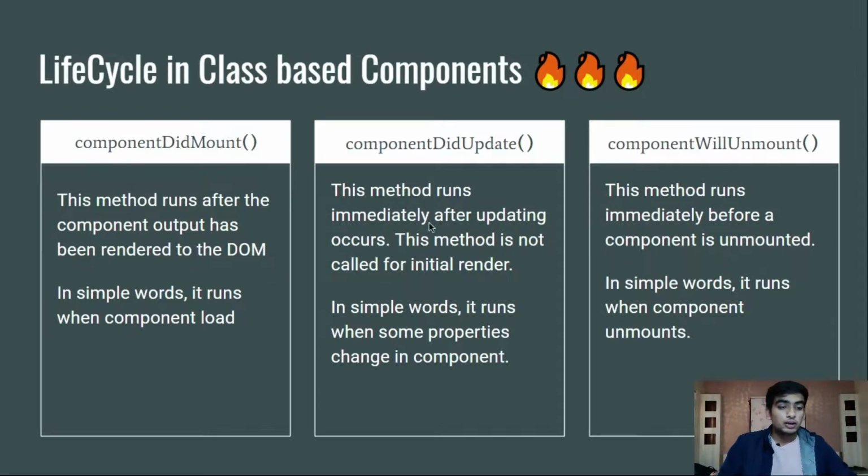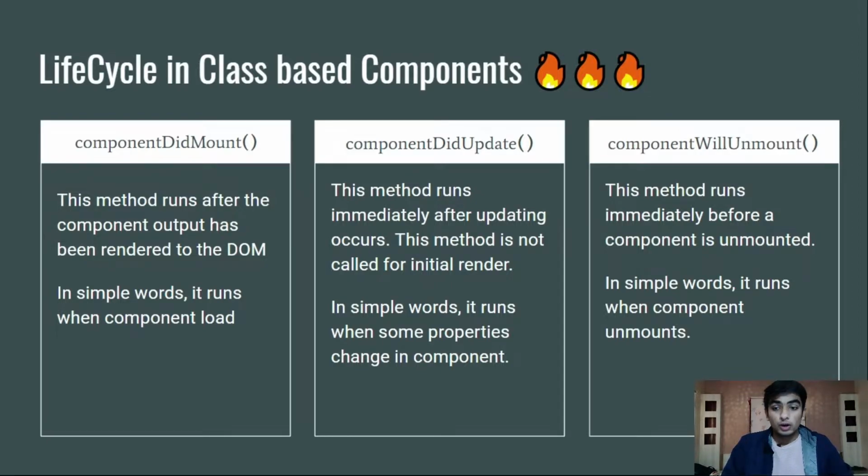And componentWillUnmount, which is very tricky to understand, but it's very important to learn. This method runs immediately before a component is unmounted. It runs a piece of code inside it when the component unmounts or is destroyed. Understand? So these are the three main life cycles.